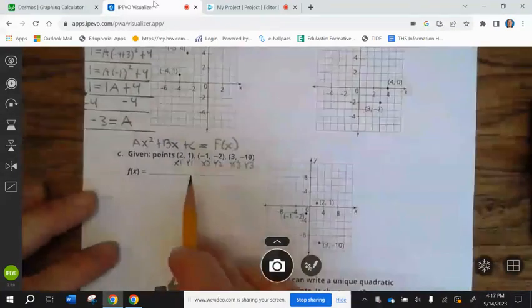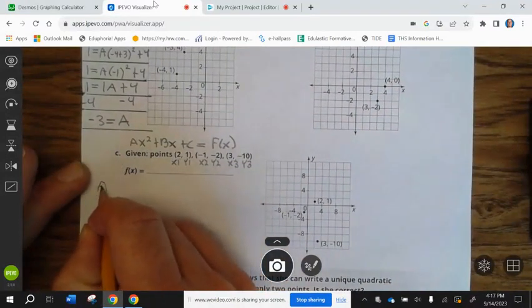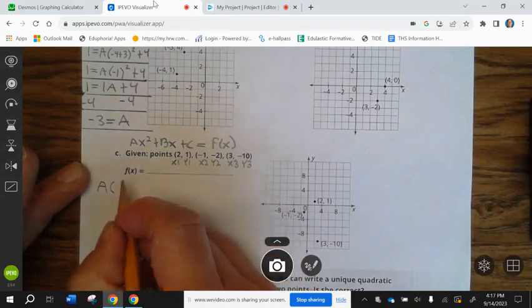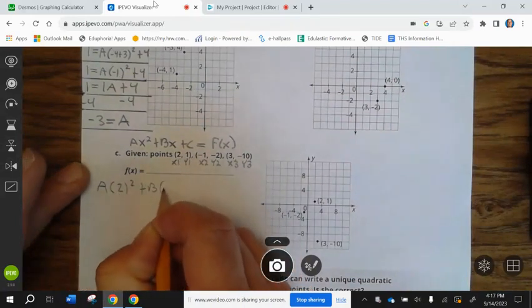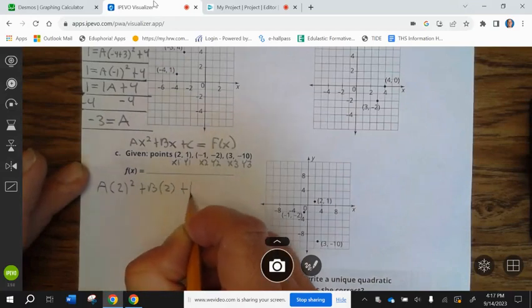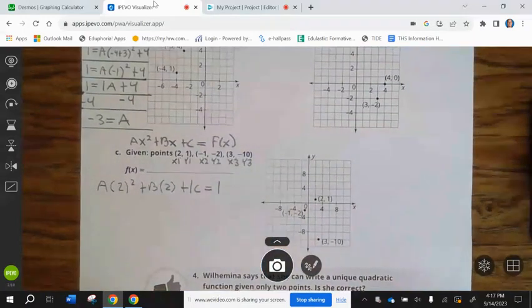All right, so now I'm going to plug these points in here. So I have a, parentheses x1, which is 2 squared, plus b times 2 plus 1c equals 1. There's my first equation.